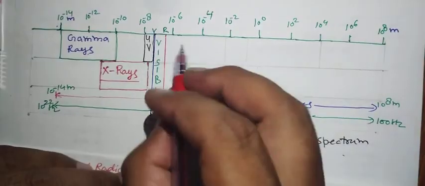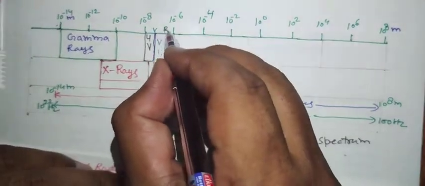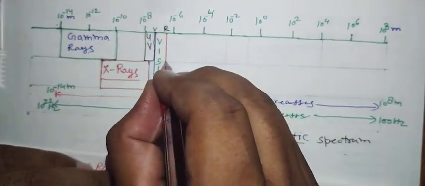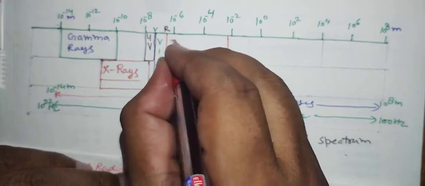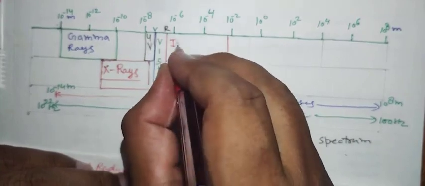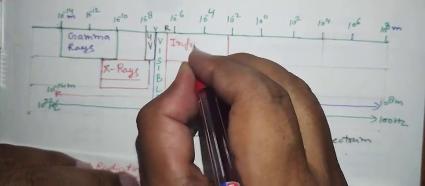In the spectrum, after red, beyond the red, it is called infrared.